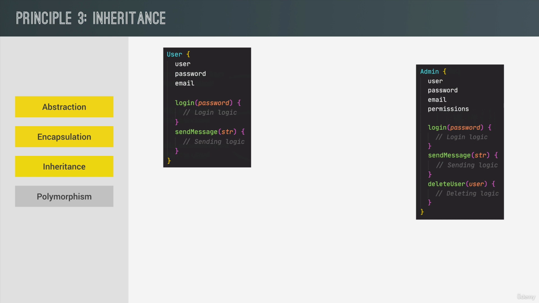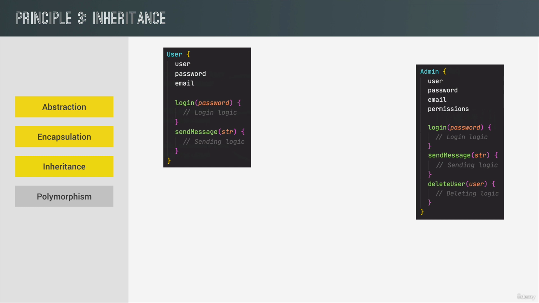And that actually makes sense because if you think about it, an admin is also a user. So an admin also needs a password and an email, and he also needs to log in, for example. However, if we design our classes like this, so as two separate identities, we will end up with a lot of duplicate code. And we already know that that's bad, right?